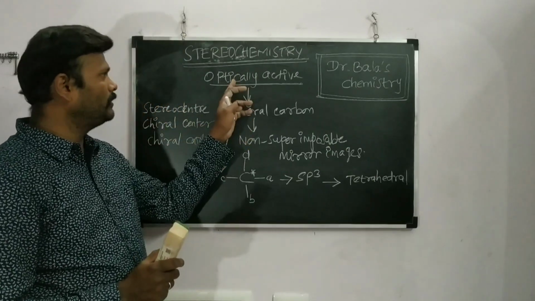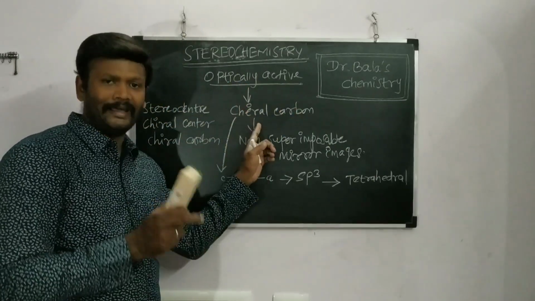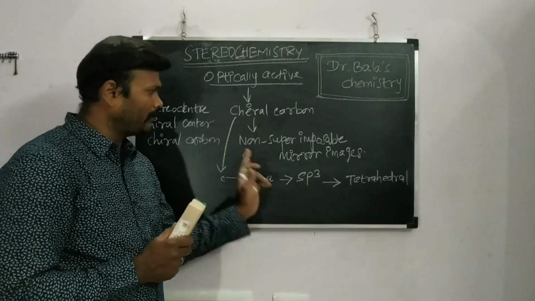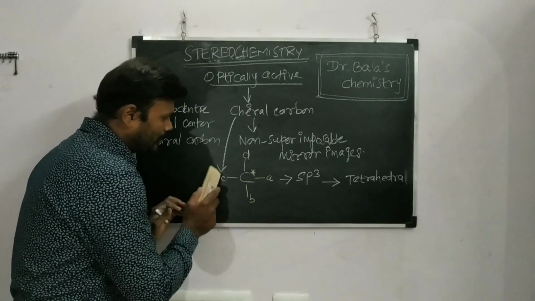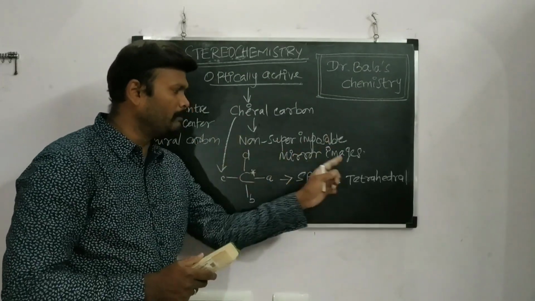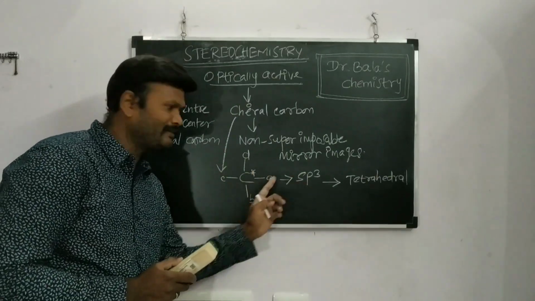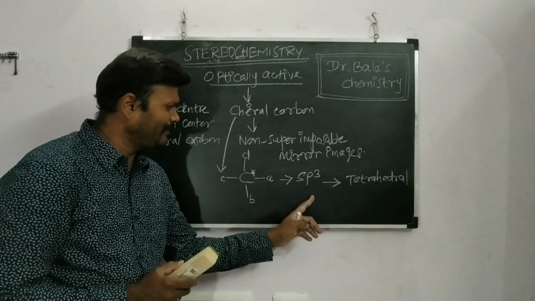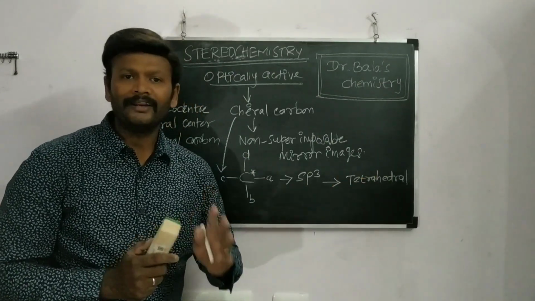So if a molecule should possess optical activity, it should have a chiral carbon, which possesses 4 different groups on its valency, and it has non-superimposable mirror images also. If it is 4 different groups, it is sp3 hybridized, and that molecule should be tetrahedral in nature. Are you able to understand?